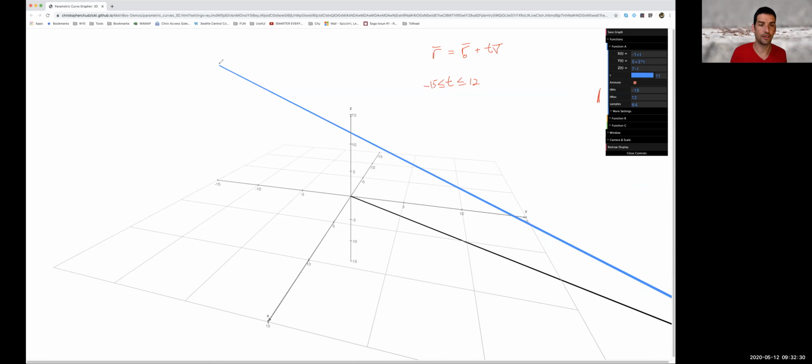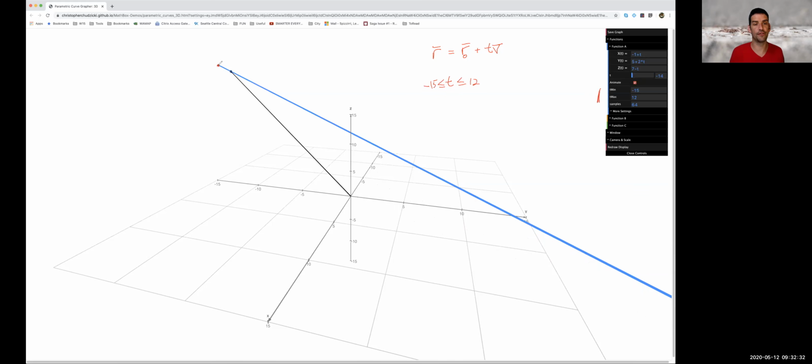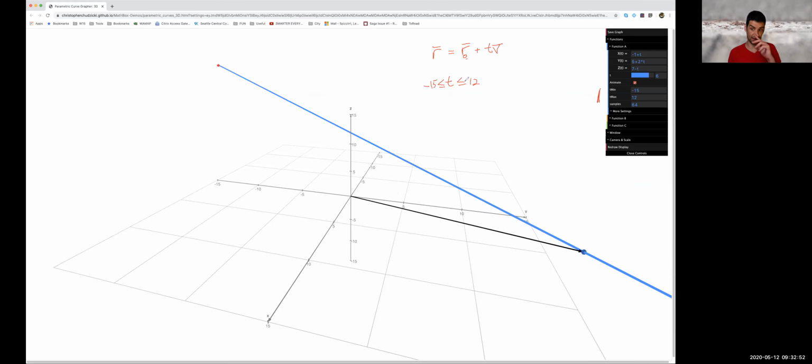So when it starts back here, that's the point that's spit out when t is equal to -15, and the black line is the vector that's spit out when t is -15. If we look at when t equals 0, that would spit the point r naught to us. If you put 0 in for t, you get 0 there.